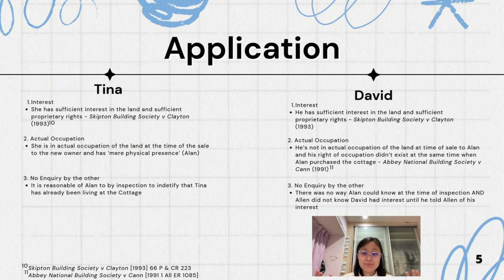To conclude, I would say that Tina will be able to sustain and override Alan's interest. David, on the other hand, will not be successful because he cannot satisfy the second and third elements of Schedules 1 and 3 of the Land Registration Act 2002.